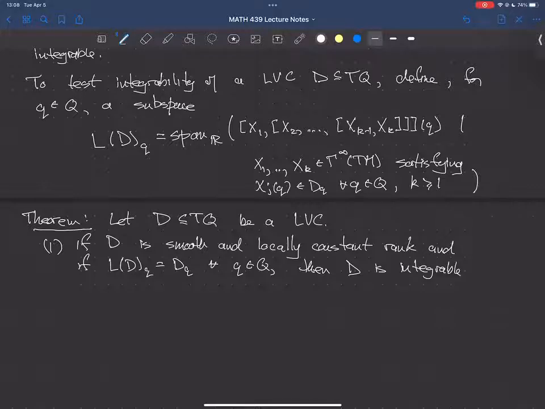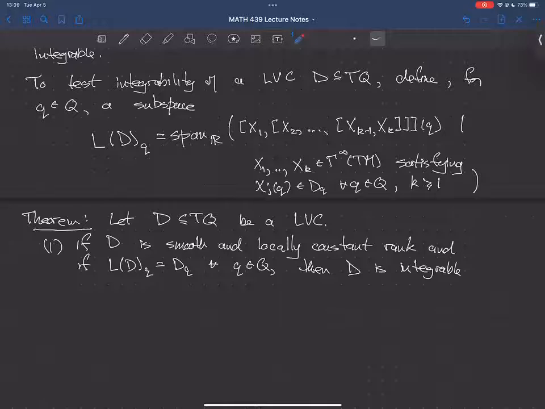Now, this condition seems to say that I need first to calculate L of D, and all these Lie brackets of length k. But you don't actually need to do that. Because L of D is equal to D, it suffices to just take single brackets.